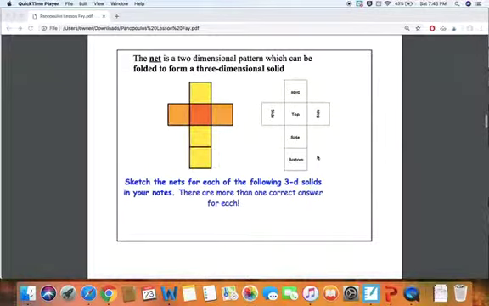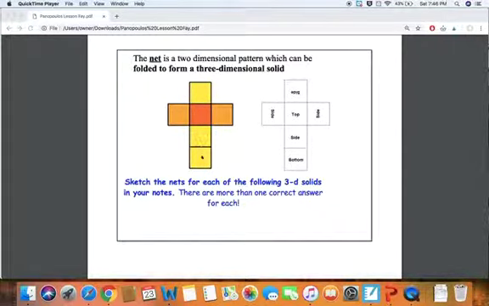Now, if we're to move on here, we have a net, which is a two-dimensional pattern that can be folded to form a three-dimensional solid. And we can actually do the same thing the opposite way, right? We can take a three-dimensional solid, we can sort of unfold this into a two-dimensional pattern. Either way works as well.